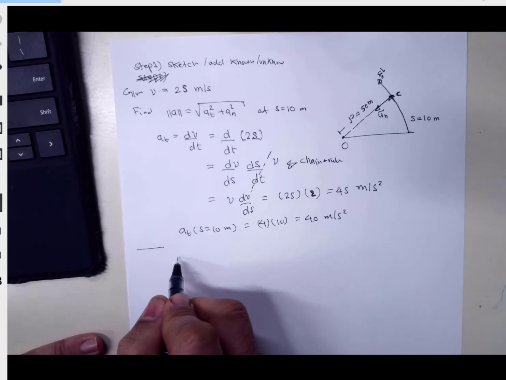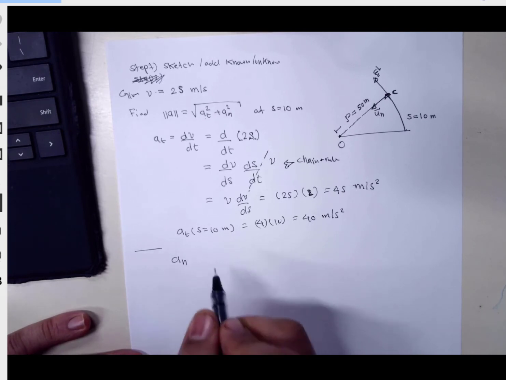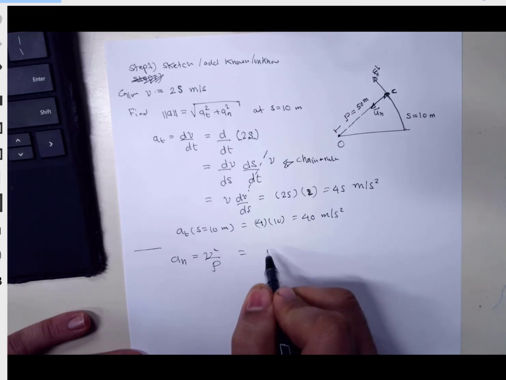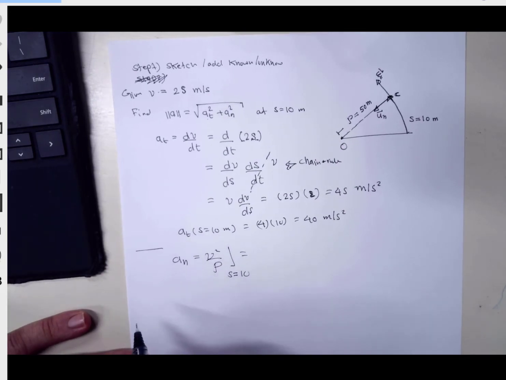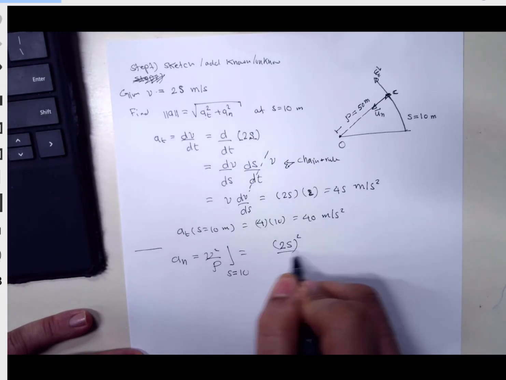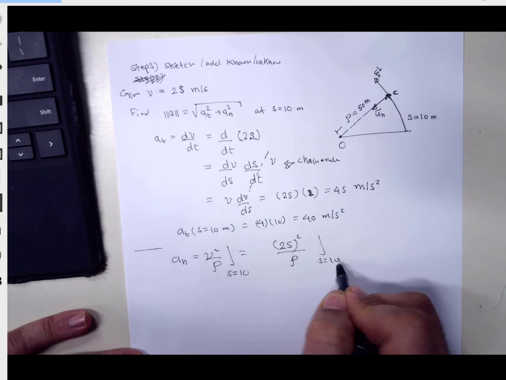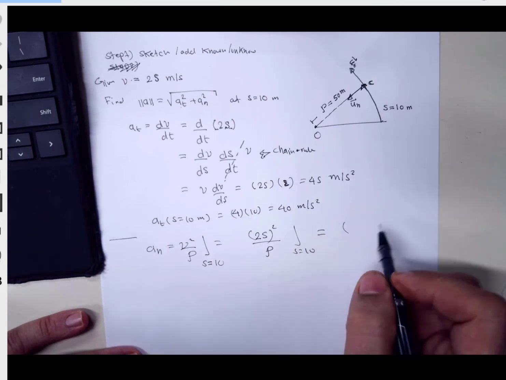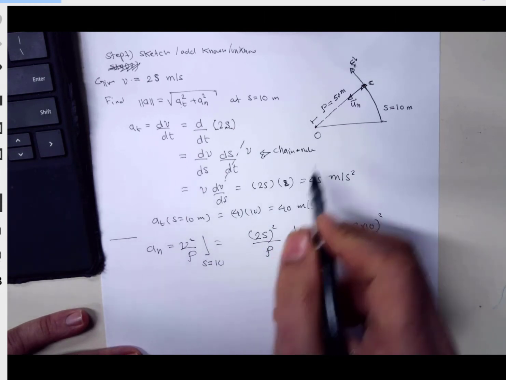What about the second one? We need to find an at s equal to 10. Now we know an is equal to v squared over rho, and this is all calculated at s equal to 10, where v is 2s. So s is 10, so (2 multiplied by 10) squared over rho, which is 50.